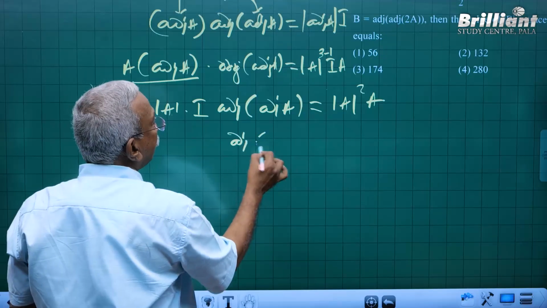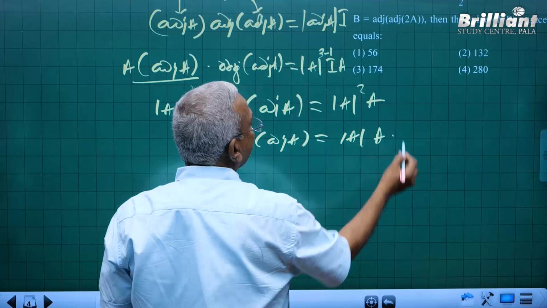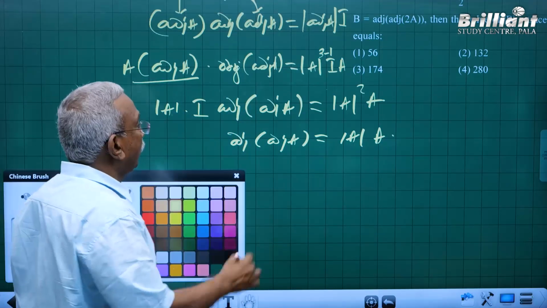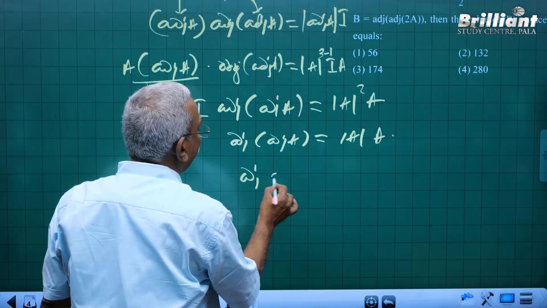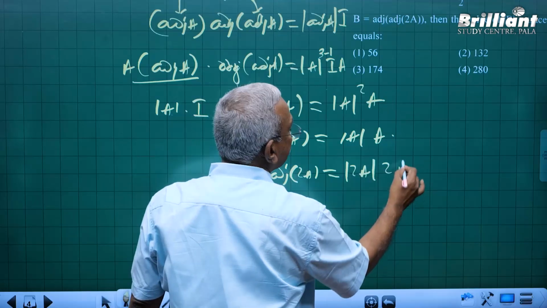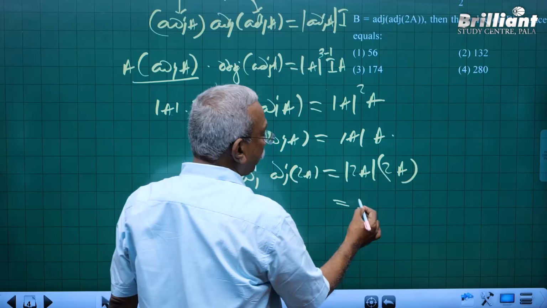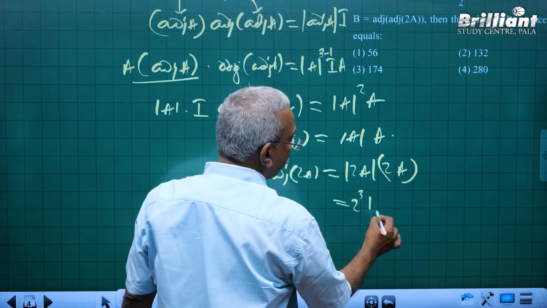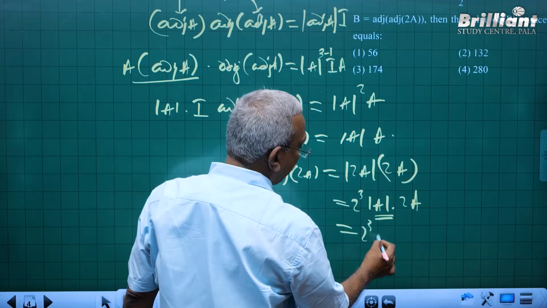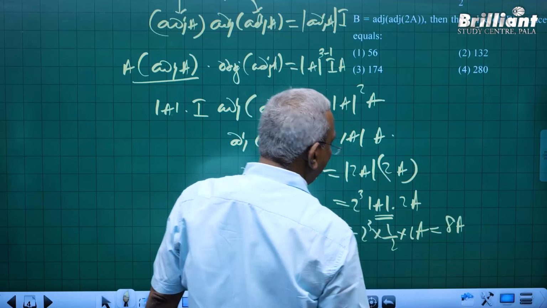So, adjoint of adjoint A is equal to determinant A into A. That means, what is adjoint of adjoint of 2A? It is equal to determinant of 2A into 2A. You know what is the determinant of 2A? This is equal to 2 cube into determinant A into 2A. You know, this is 1 by 2. So, 2 cube into 1 by 2 into 2A implies 8A. So, this is your B.